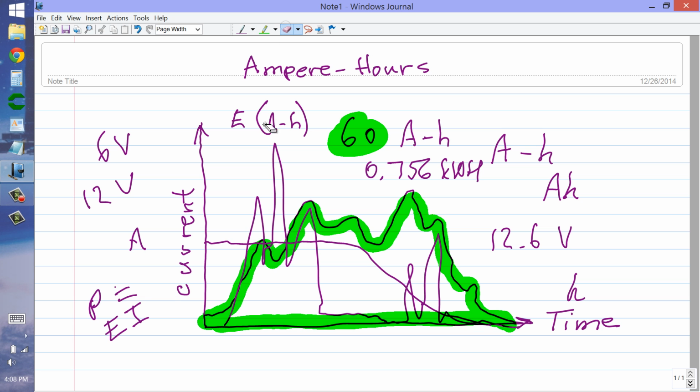What I should say rather is that watt hours is just another way of stating volt ampere hours, E times I. It's a way of expressing the amount of juice in a battery, and if you multiply by the voltage, you can actually get the energy storage capacity in watt hours.